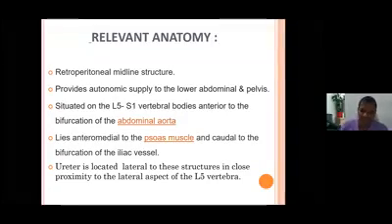It lies medial to the psoas muscle and caudal to the bifurcation of the iliac vessels, and is generally located medial to the ureter, proximate to the L5 vertebra.